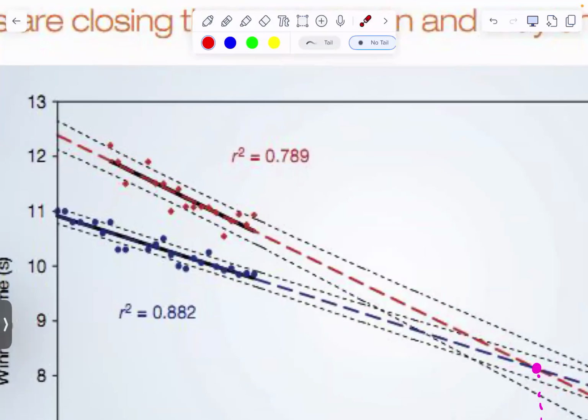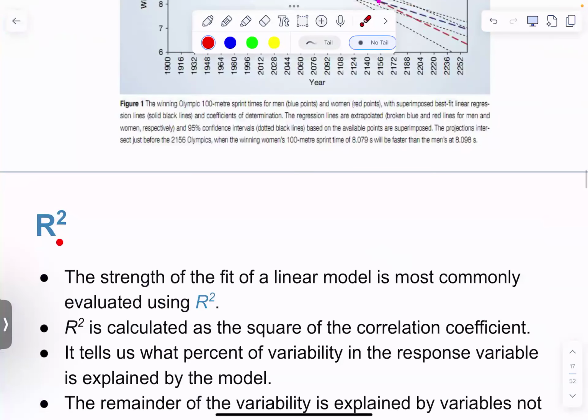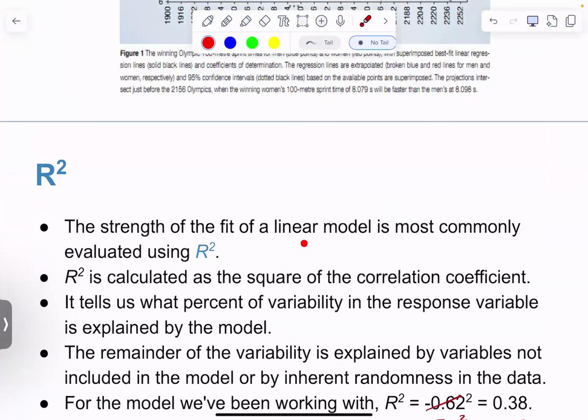So R squared is a goodness of fit measure, as opposed to a chi-squared goodness of fit. And so we use our R squared to communicate basically how reliable our model is. And the higher, the better. The strength of the fit of a linear model is most commonly evaluated using R squared.